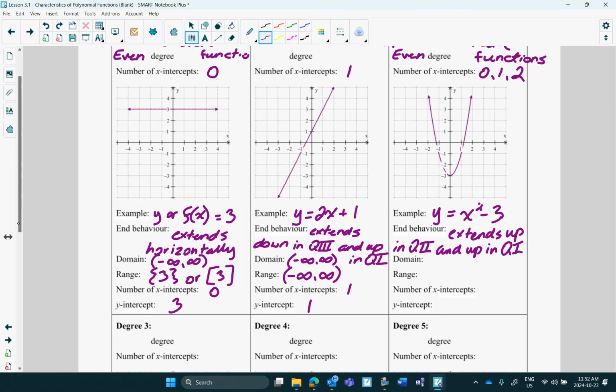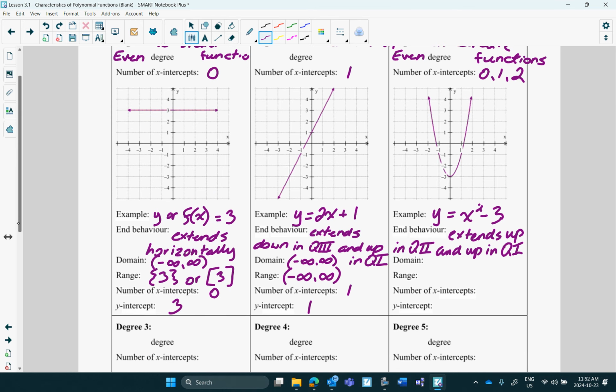What's the domain of any quadratic function? Always all real numbers. But the range depends on where the vertex is and whether it opens up or down. This one would be -3 to infinity. How many x-intercepts does this one have?